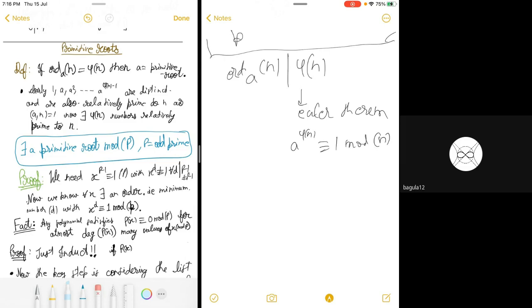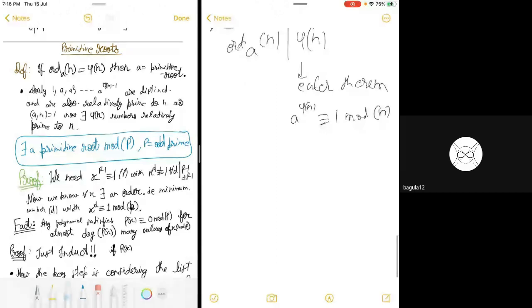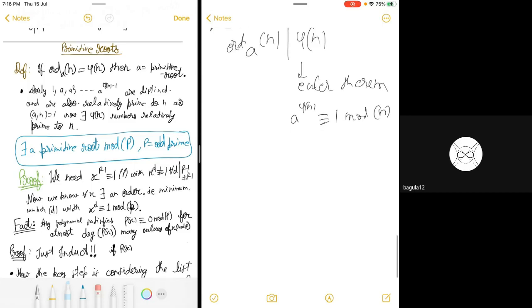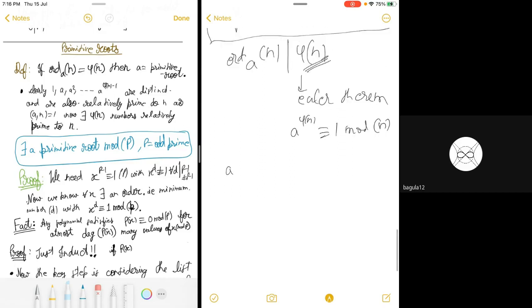Like you previously said, since a to the phi of n is congruent to 1 modulo n, the order must divide phi of n. Okay. So now the numbers a for which phi of n is exactly the order are pretty good.